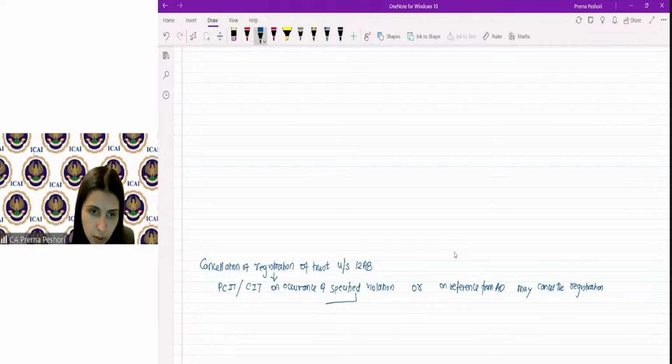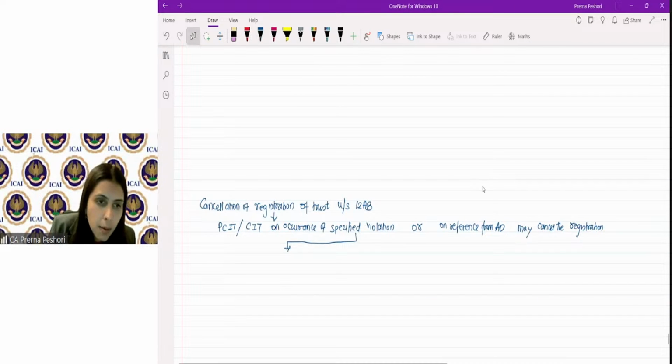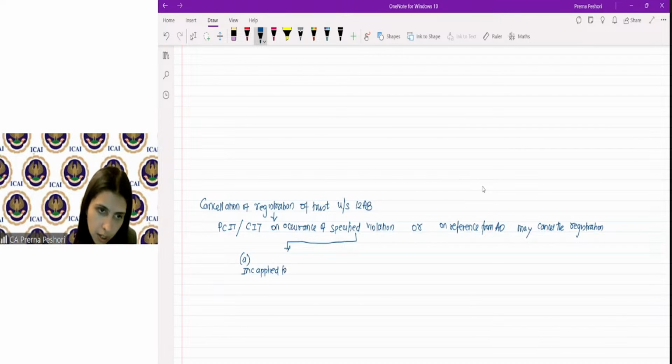What are the specified violations? Where the income is applied for other than the objects of the trust.